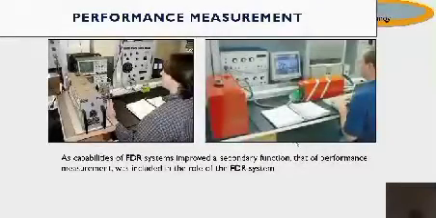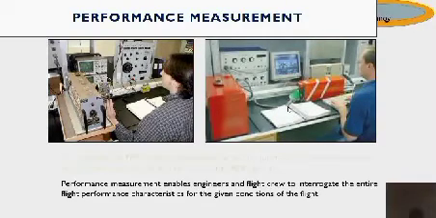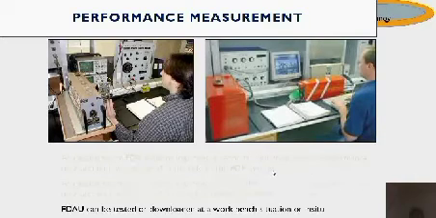Performance measurement. FDR systems improved a secondary function, that of performance measurement. Performance measurement enables engineers and flight crew to interrogate the entire flight performance characteristics for the given conditions of the flight.